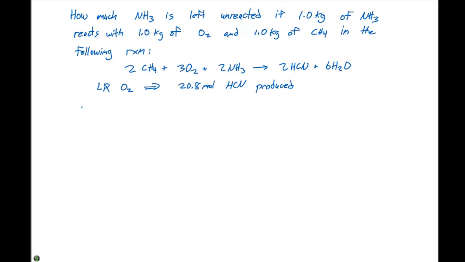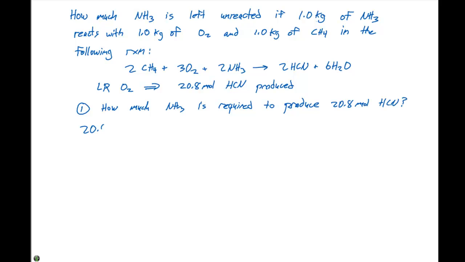So the first step is we want to know how much NH3 is required to produce 20.8 moles of HCN. So we're going to start then with the 20.8 moles of HCN.